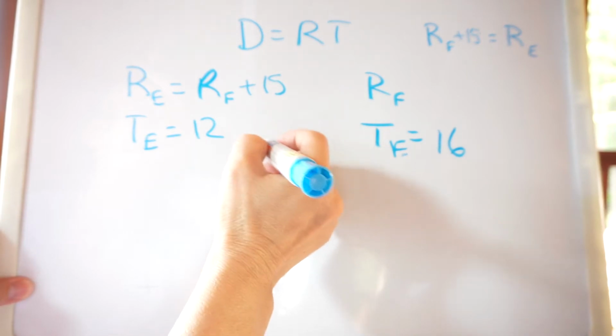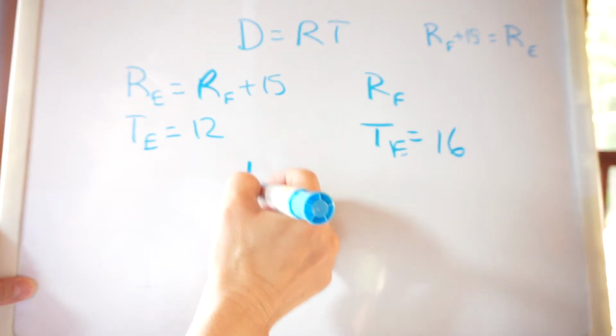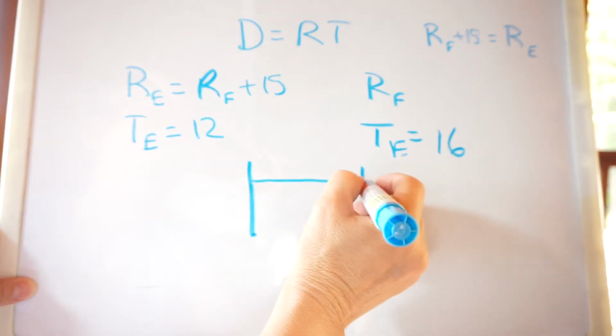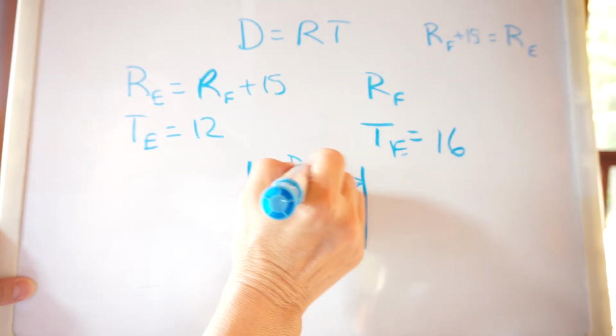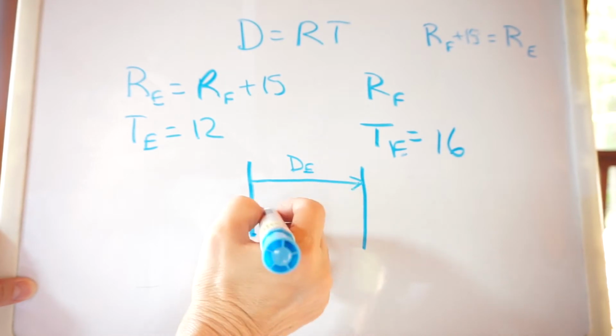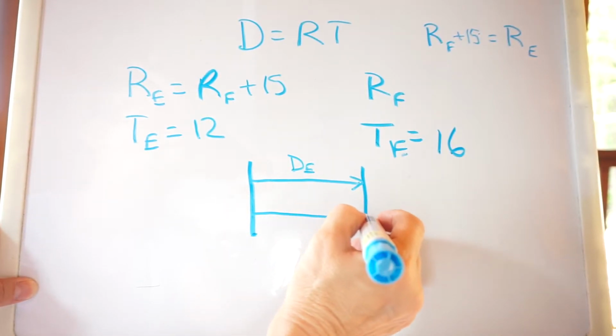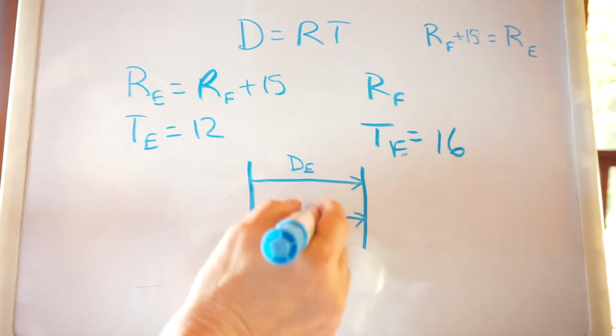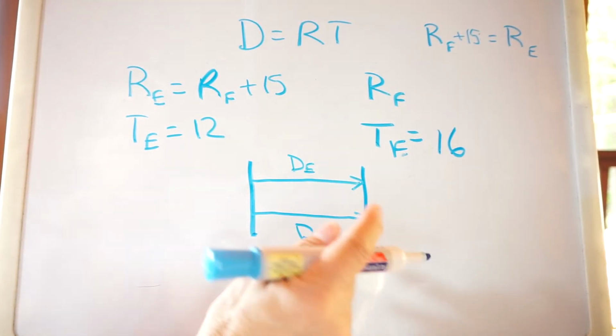The diagram I would use to show that: on Tuesday, this is the distance of the express train, and on Wednesday, the freight train traveled the same distance. So their distances are equal.